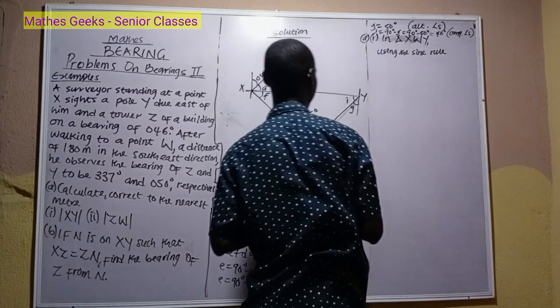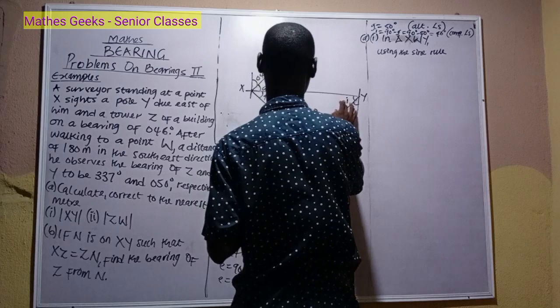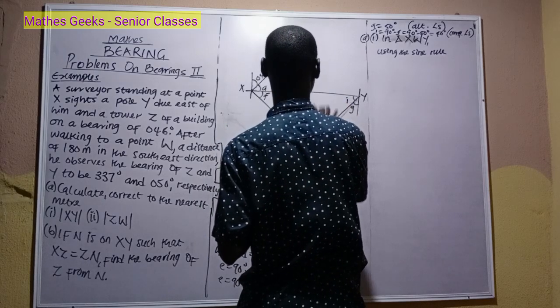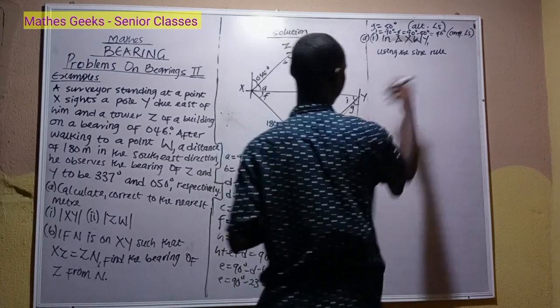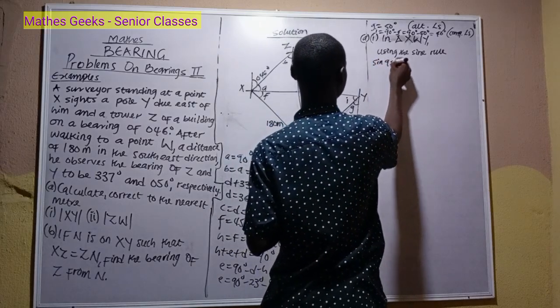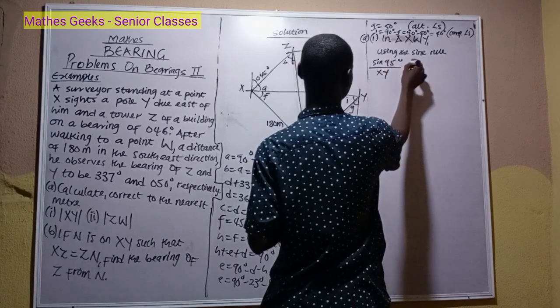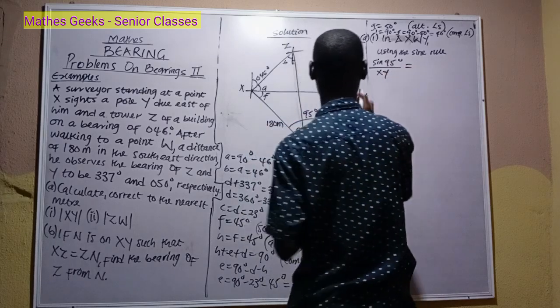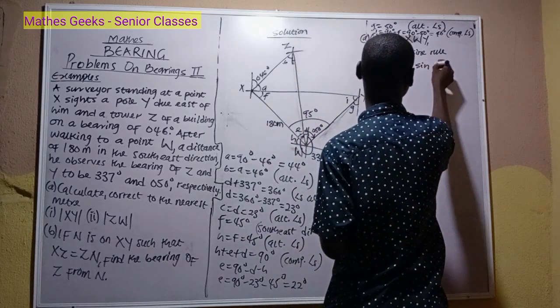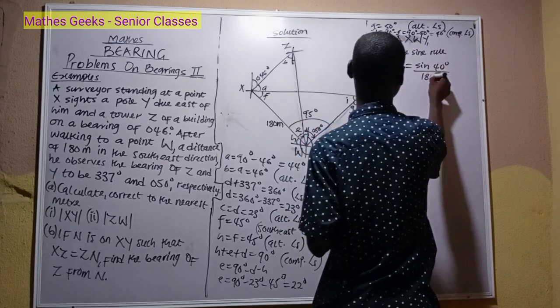So now this is a known angle on a known side, and a known angle on a known side, so we can use the sine rule. Sine 95 degrees over XY is equal to sine 40 degrees over 180.